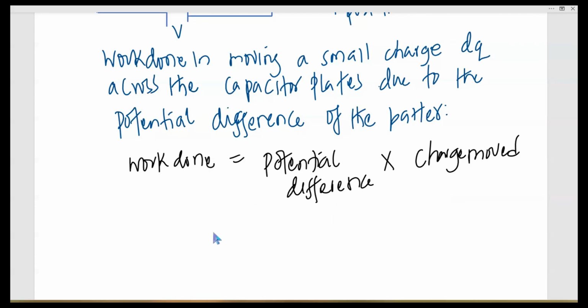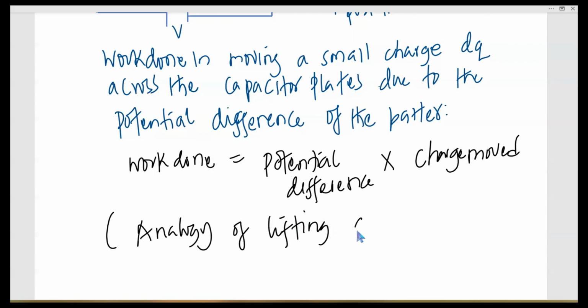And if you look at it closely, you will find that it is analogous to this, because it would be a smaller mass, which is representing this smaller charge moved, times the acceleration due to gravity, and obviously times h. So let's look at the analogy of lifting a mass.